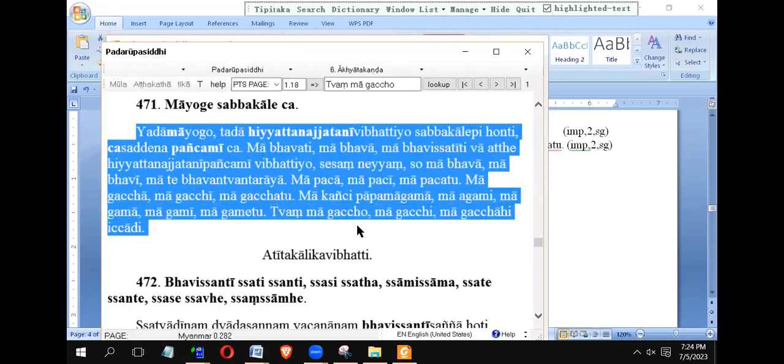Okay, you can see here. It says it should link with the Hiyattani, the aorist, and then the Ajjatani. Ajjatani is aorist, and Pañcami is the imperative.